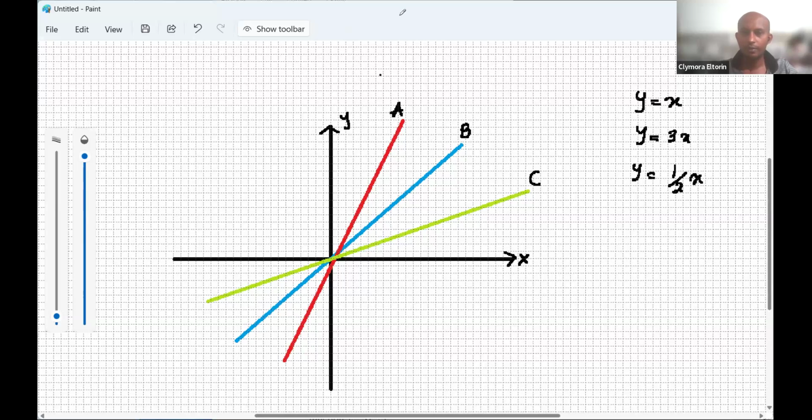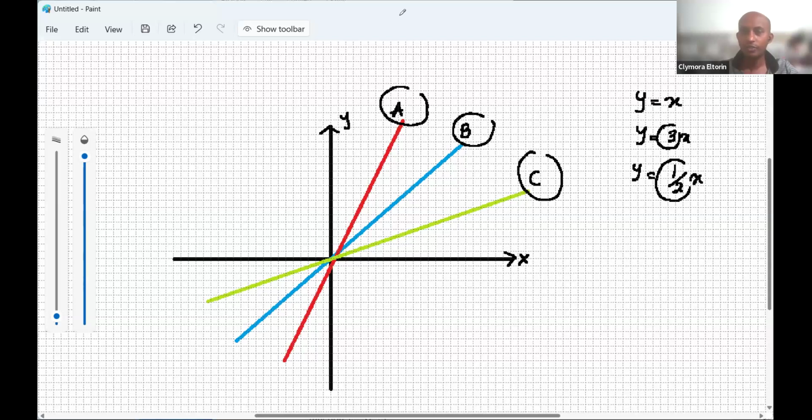Which is suitable for A? A is denoted by which one? And B is denoted by which graph? And C? What you can see, we learned about that: here the gradient increases gradually. This one is 3 and this one is 1. What is the highest gradient?